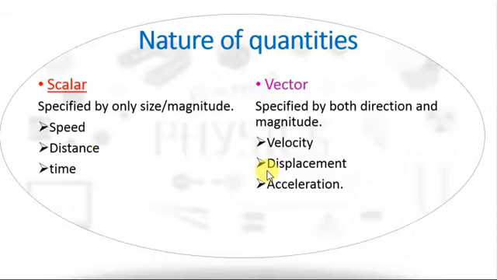Whereas displacement, you say the distance from this point to this point, and you realize you're specifying a direction there. So it is this many meters. They are similar because they are all measured in meters. It is all distance, but this one is a vector, whereas this one is a scalar.